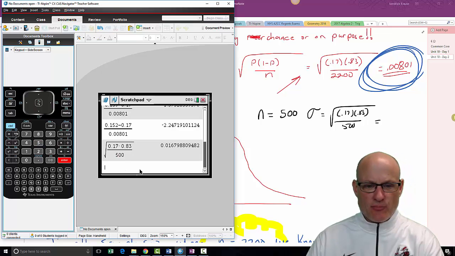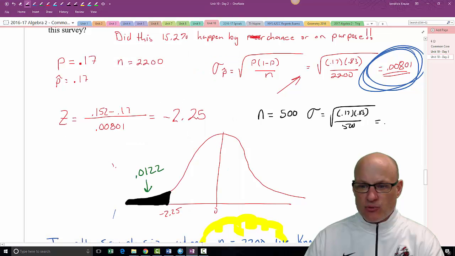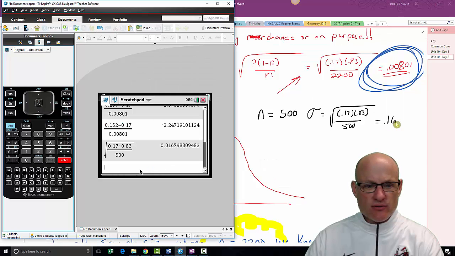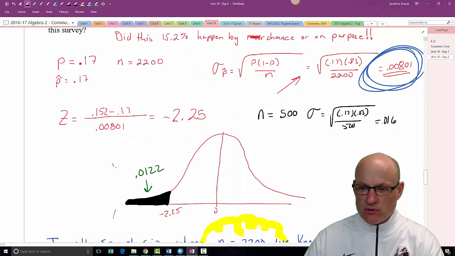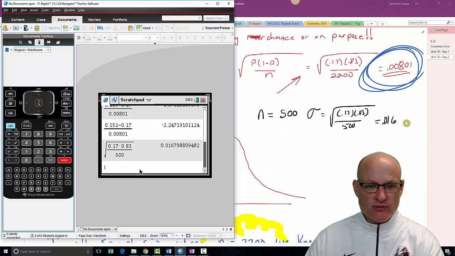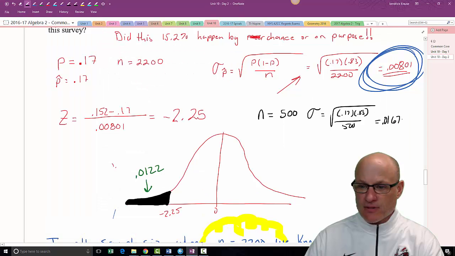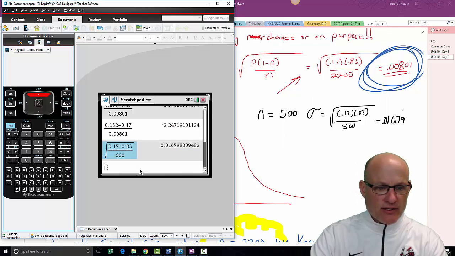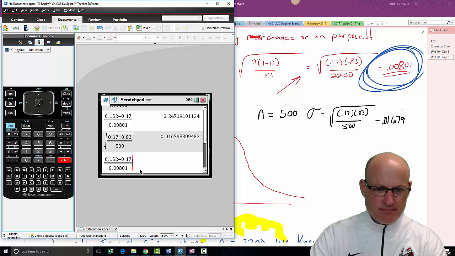So now we have a standard deviation of 0.0168. Well, we'll do 0.01679. And then we'll take this. We'll do the same math.